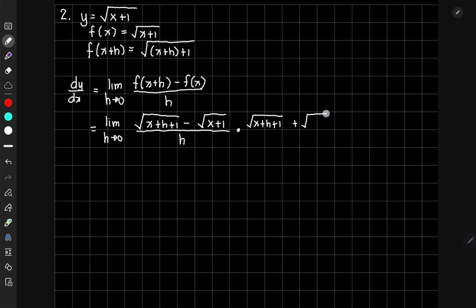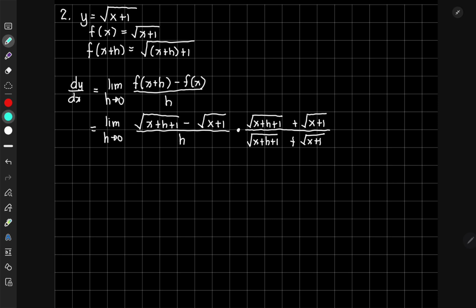So plus square root of x plus 1. So kung nag-multiply ka dito ng this one, square root of x plus h plus 1 plus square root of x plus 1, we also have to multiply yung denominator with the same, square root of x plus h plus 1 plus square root of x plus 1. So parang nagmultiply lang tayo ng 1 for that.